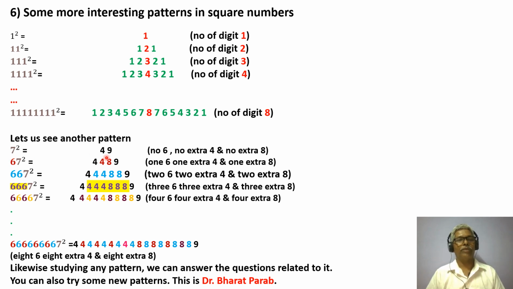7 square is 49. This doesn't contain any 6, so this is only 49. So no extra 4, no extra 8. The moment you add a 6, 67 square, you split the 4 and 9 and add 1 four and 1 eight, because there is 1 six. So 1 extra 4 and 1 extra 8.